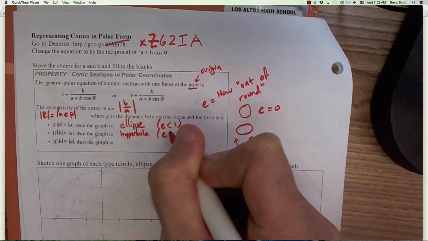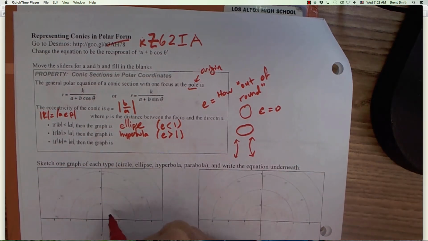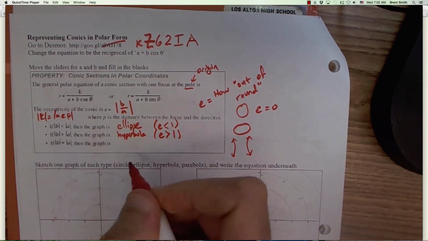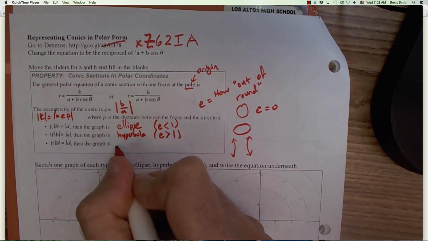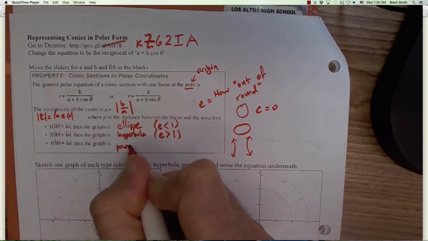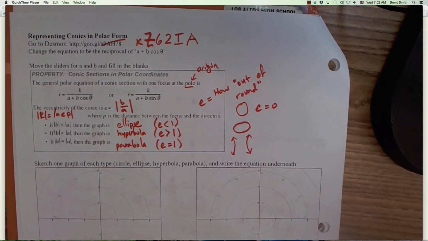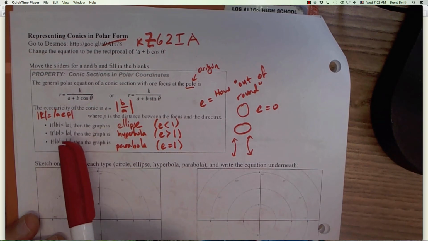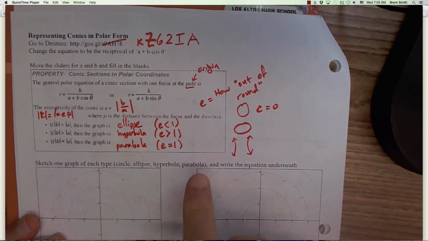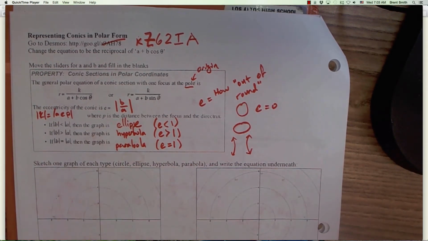Our eccentricity is greater than 1. And finally, if they're equal, like in the case of our cardioid, it's going to be a parabola, eccentricity equal to 1. So let's test this out: B less than A, B greater than A, B equal to A with these different eccentricities. Let's go back to Desmos.